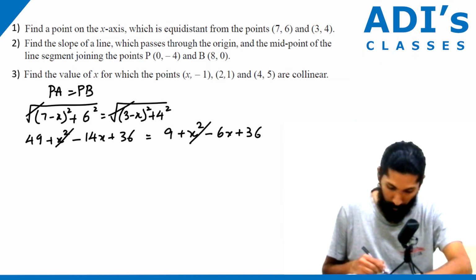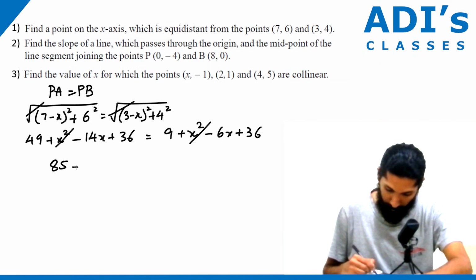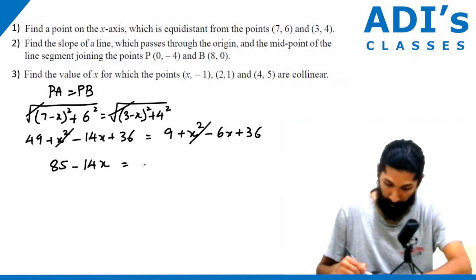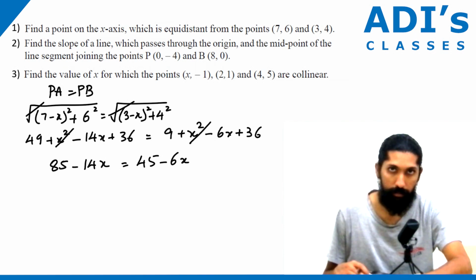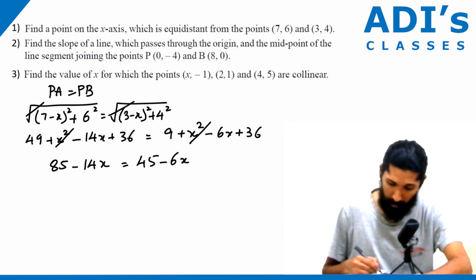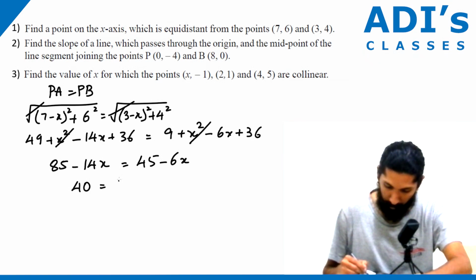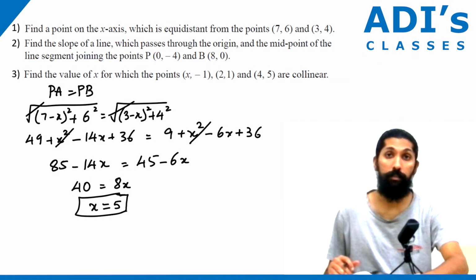Now what do we have? 49 plus 36 is going to give you 85 minus 14x is equal to 36 plus 9, 45 minus 6x. You need to find the value of x, correct? So take it the other way around. 85 minus 45 is 40, which is equal to 8x. So x is equal to 5. So the point on the x-axis has x equal to 5.